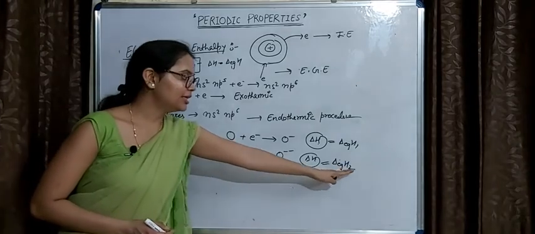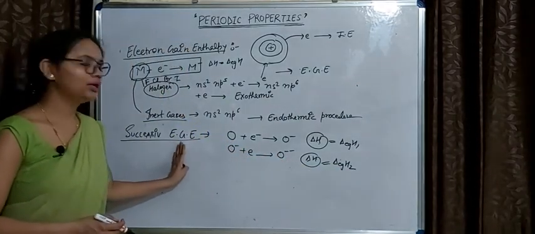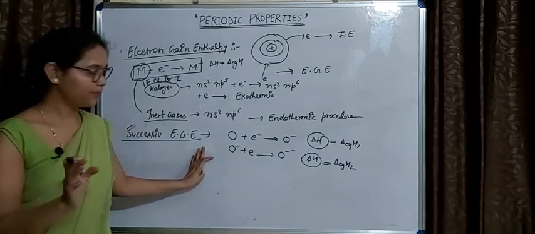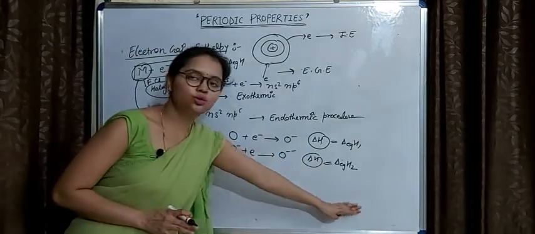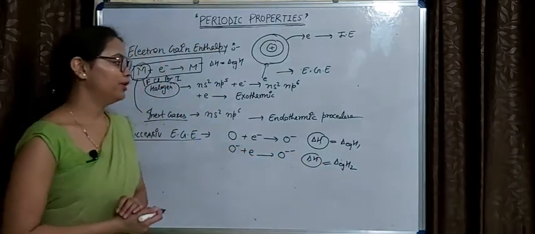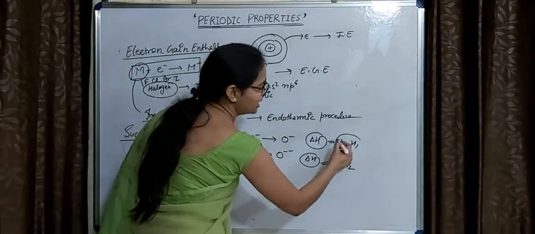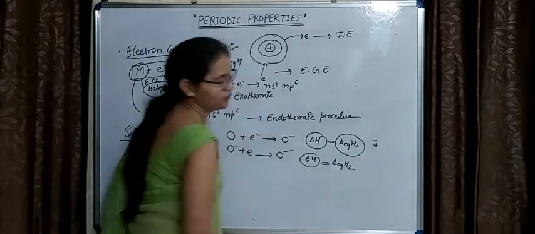So delta EgH2 and so on will be known as successive electron gain enthalpy, like successive ionization enthalpy. Now one more thing that you should know, that first electron gain enthalpy can be positive or negative.